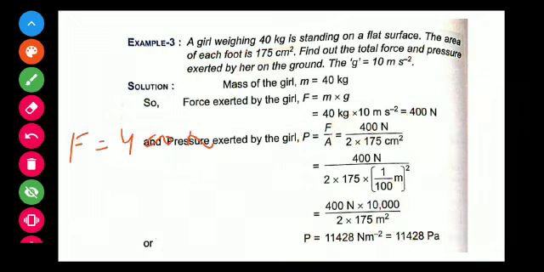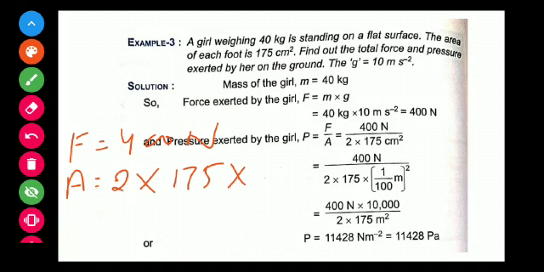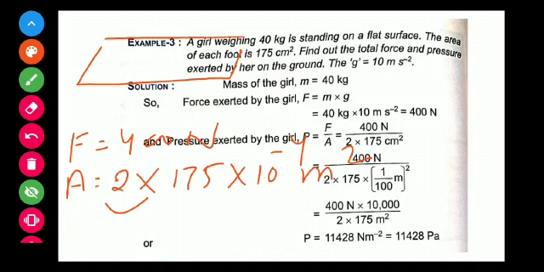This is your area. Why do we multiply this term with factor 2? Because while standing on a surface, the area of 2 feet is included. Therefore, we multiply with 2.